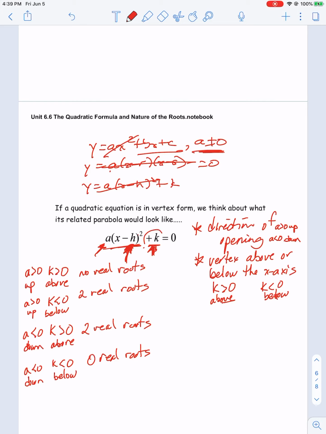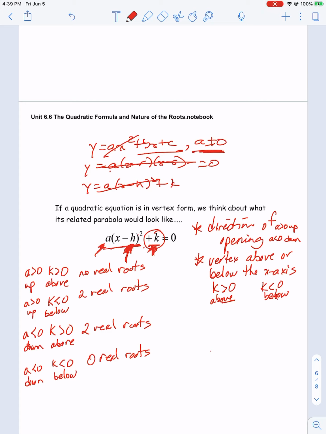What if K equals 0, though? What does that mean? So remember, K is the vertical translation of the vertex. So if K equals 0, that means that the vertex isn't above or below the x-axis.